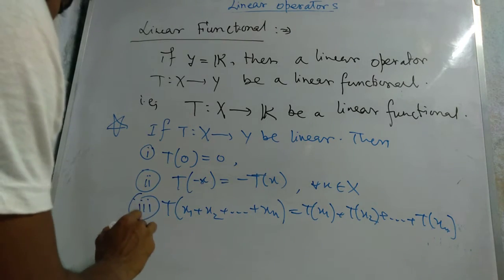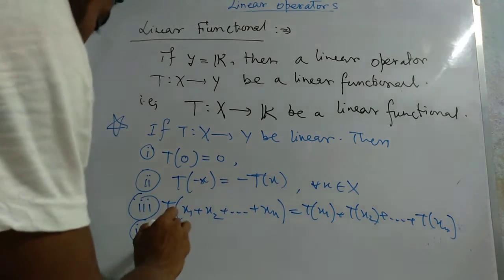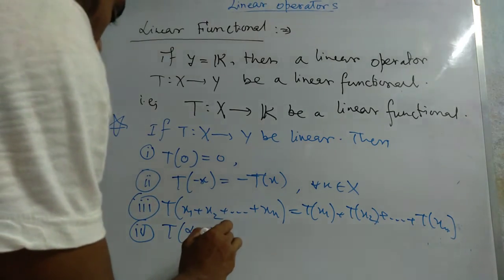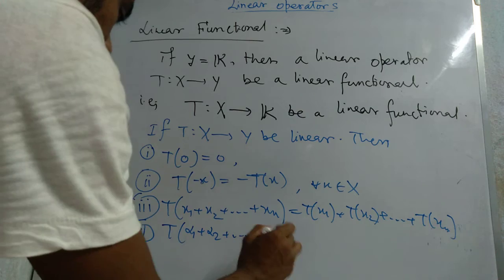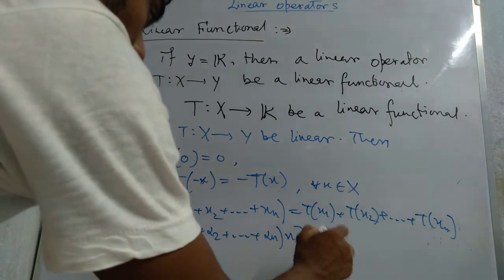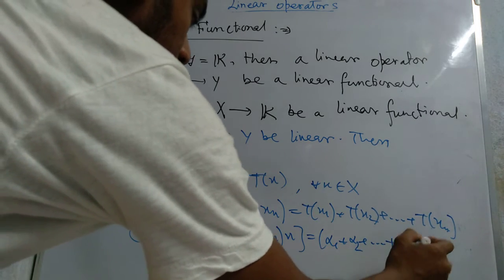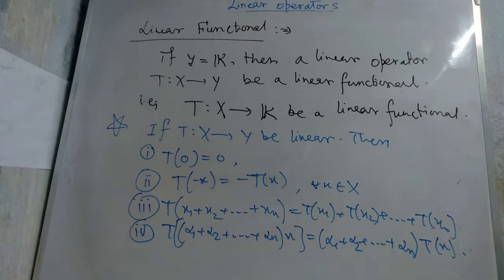Fourth, T of alpha 1 x1 plus alpha 2 x2 plus dot dot dot plus alpha n xn equals alpha 1 T x1 plus alpha 2 T x2 plus dot dot dot plus alpha n T xn. These are some properties of a linear operator.